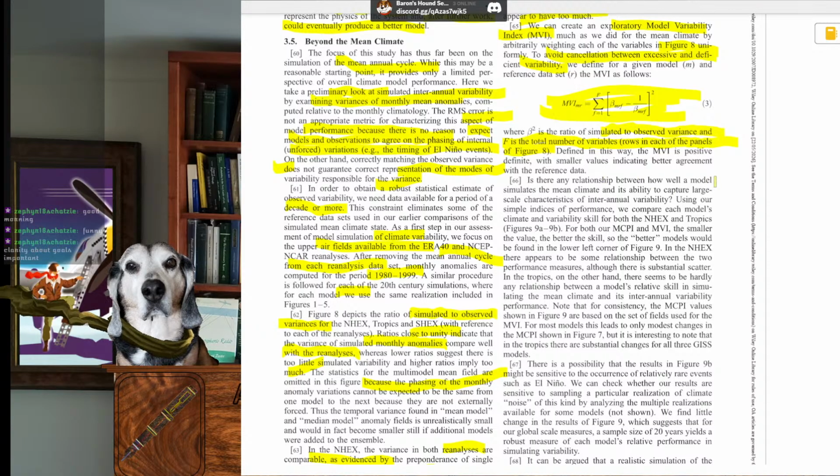Is there any relationship between how well the model simulates climate and its ability to capture large-scale characteristics of interannual variability? Using our simple indices of performance, we compare each model's climate and variability scale for both northern hemisphere, extratropical, and the tropics. For both MCPI and MVI, the lower the value, the better the skill. So the quote better models would appear in the lower left corner in figure 9.